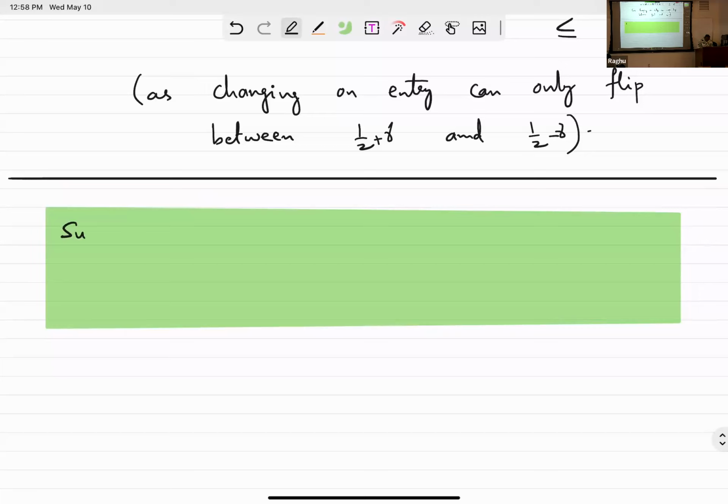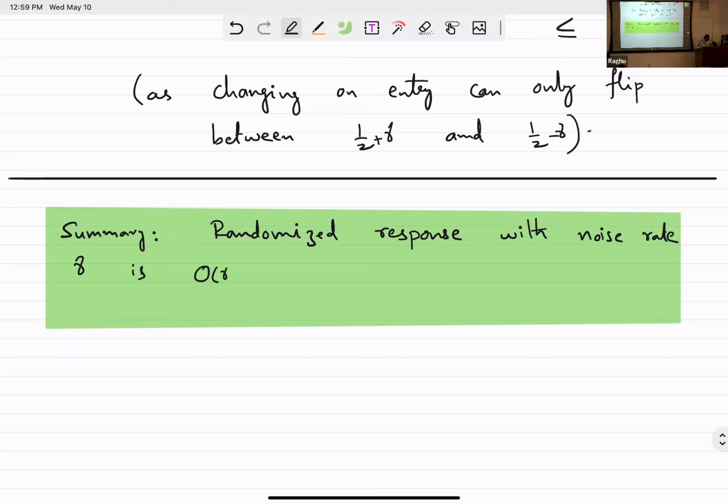Summary: randomized response with noise rate gamma is O of gamma differentially private, and is within error 1 over gamma square root n with probability 3/4.